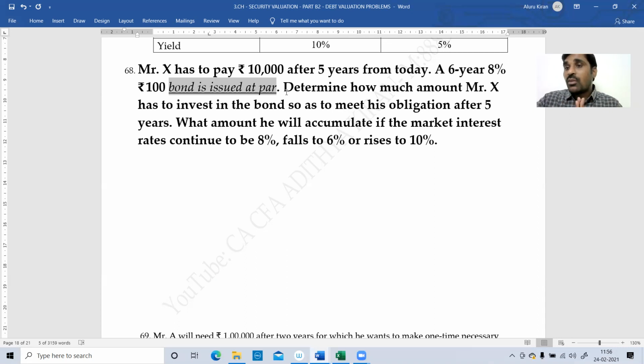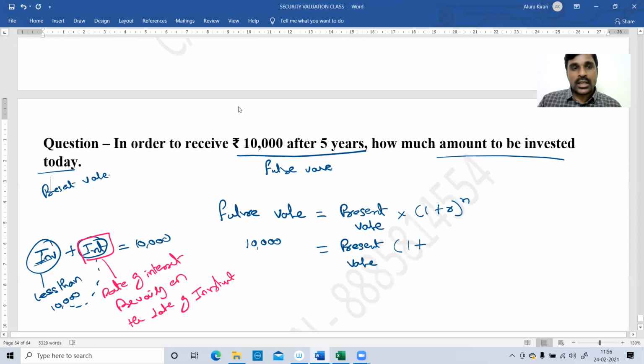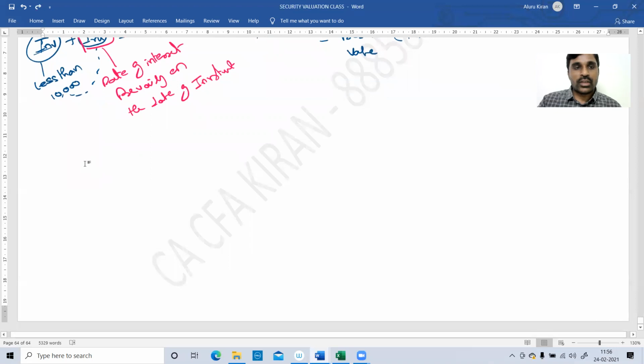When the bond is issued at face value, the supply and demand for the bond are in equilibrium. When the supply and demand match, the bond will trade at par value. This is the concept.